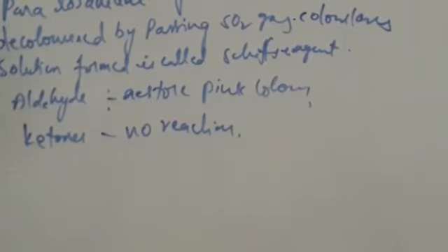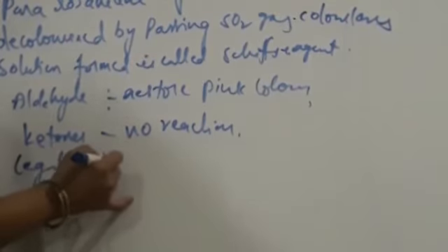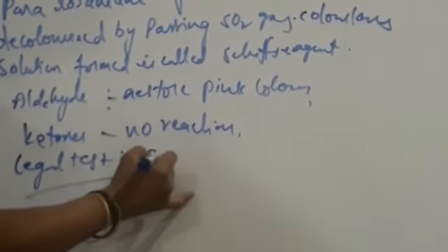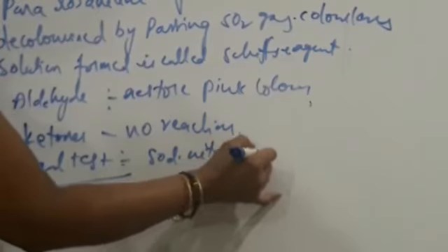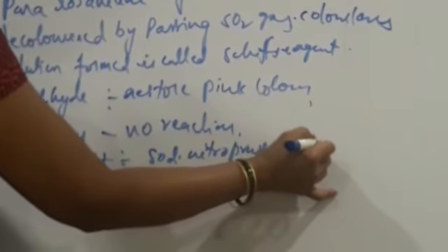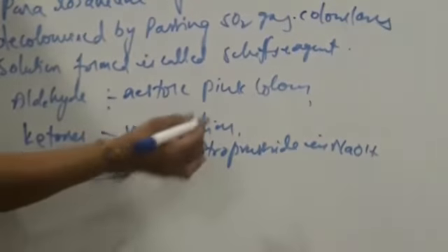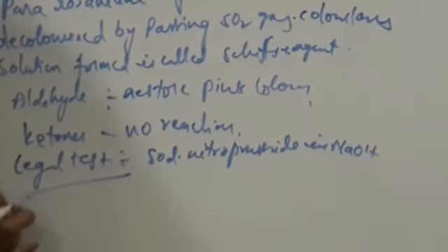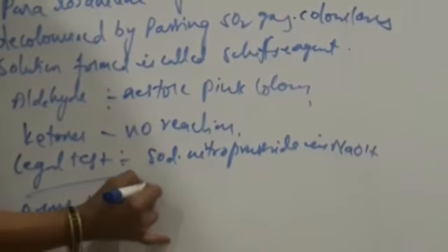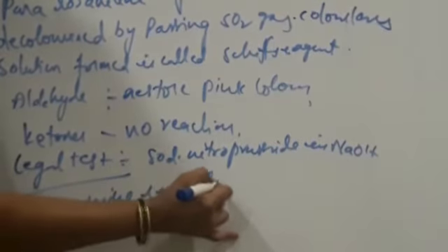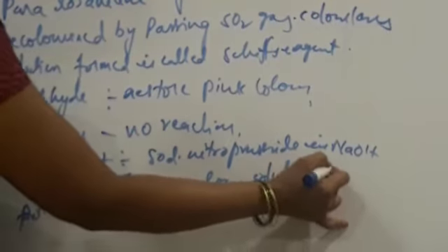Legal test: sodium nitroprusside in NaOH is called legal reagent. It forms a wine red color solution with acetone.